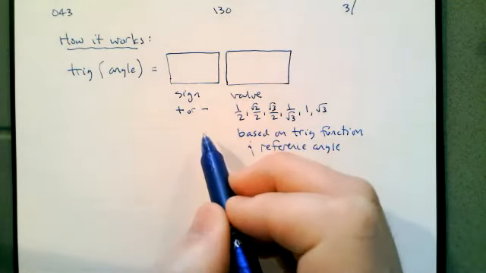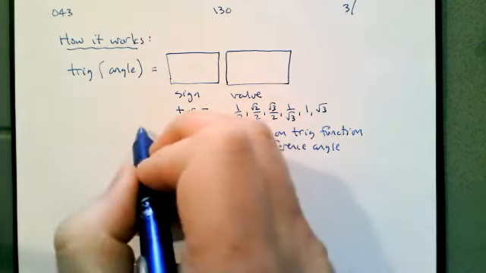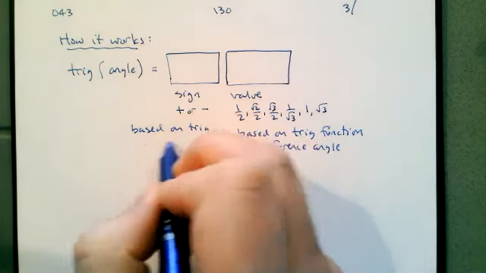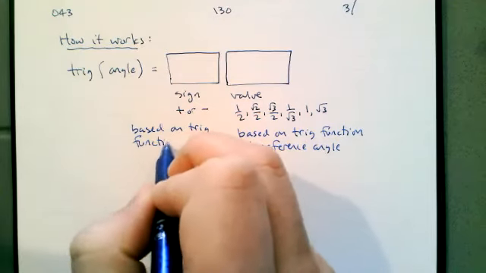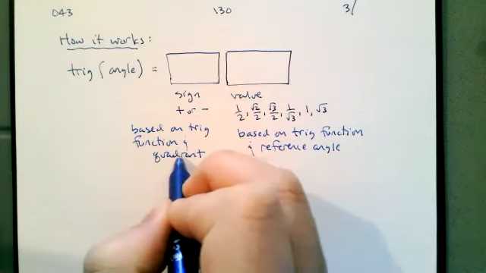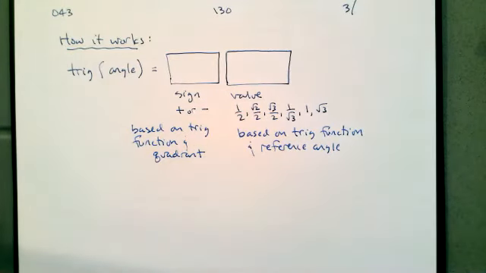The sign is based on the trig function and the quadrant. So the sign is based on the trig function and the quadrant. The value is based on the trig function and the reference angle. So let's see how it works.